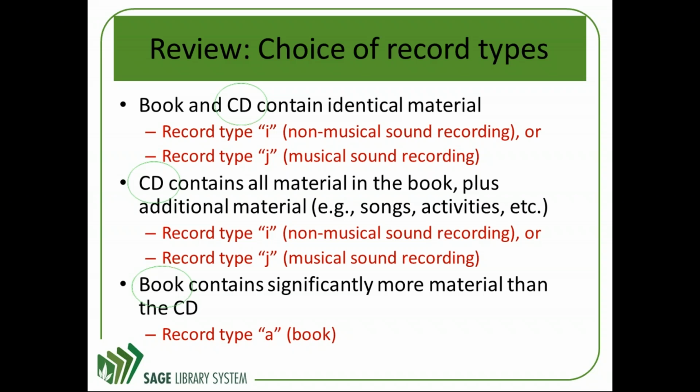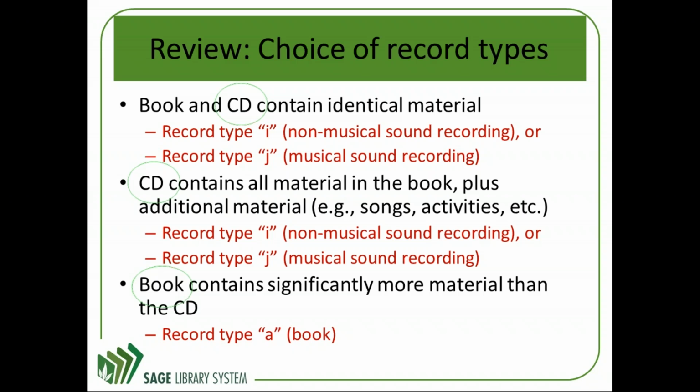And if you remember from last time, we said that there's a general rule for read-alongs, and that is that if everything is equal, if the book and CD contain identical material, we will still treat the CD, the sound recording, as primary, because that's the nature of what a read-along is, that someone would be listening to the recording and then following along the written text.